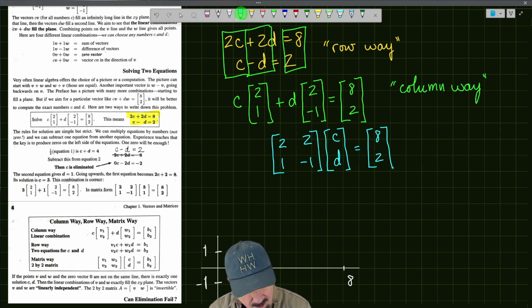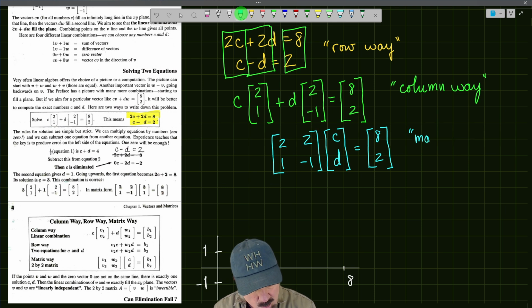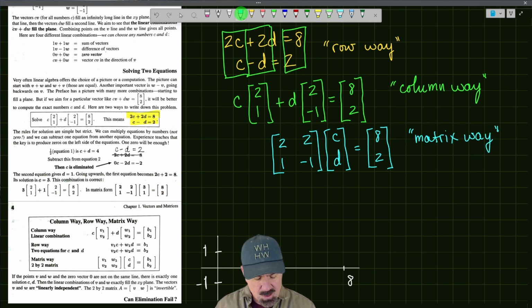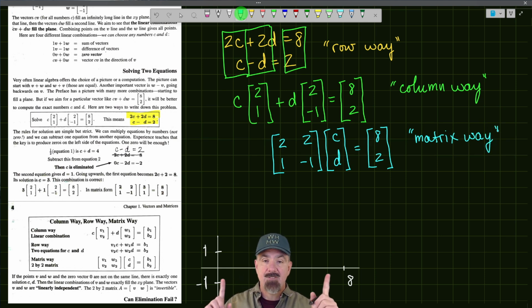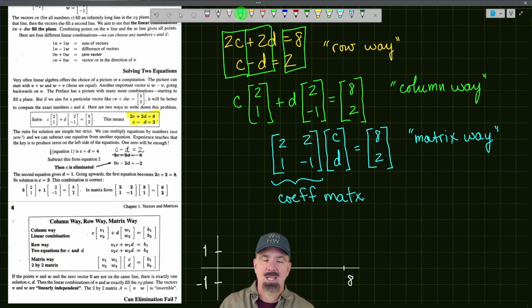This is yet a third way of representing the same system of equations, and this is called the matrix way, because we have now taken these vectors, which are the coefficient vectors, and we've used them to create a coefficient matrix. So this is a coefficient matrix. My shorthand for matrix will be MATX. And what we're doing now is just looking at ways in which we could solve these problems.